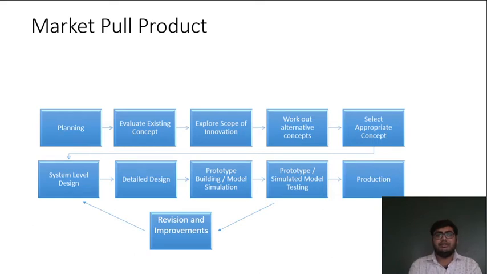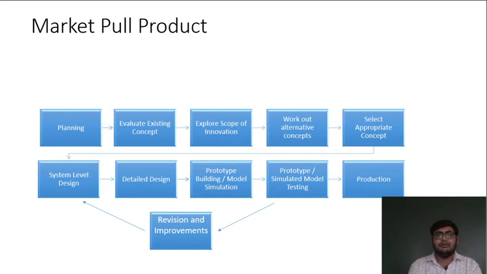So in this, first we'll plan that okay, well, customers are demanding this product and we need to deliver the product. For example, mobile phones. There are many mobile phone manufacturing companies out there, but we know that mobile phone is always in demand. So a new organization, suppose Tata, decides to manufacture smartphone. Now Tata does not manufacture any types of smartphone, but there are many companies which does.